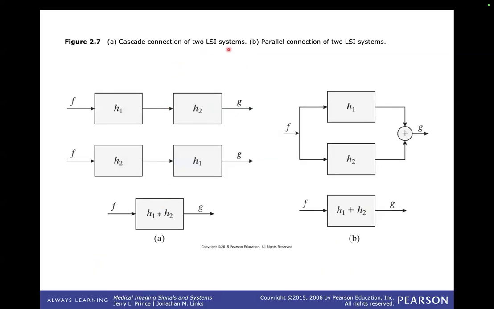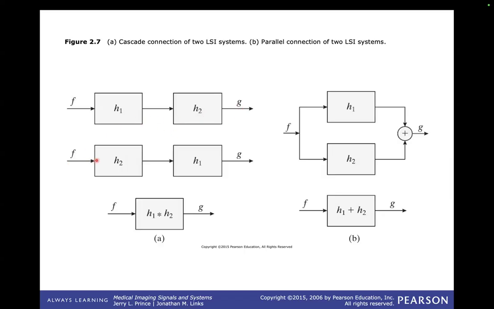So linear shift invariant systems have some really nice properties. So if these are linear shift invariant transforms, I put my input signal into this one, do a convolution, I get an output signal, do a convolution, and I get G. It doesn't matter which order I do these two convolutions.